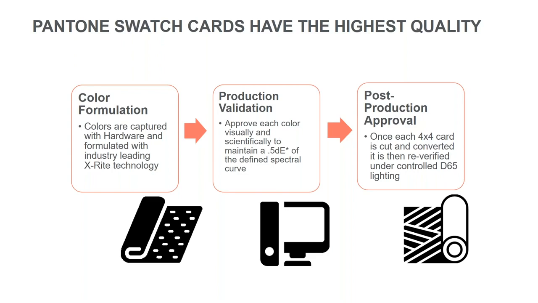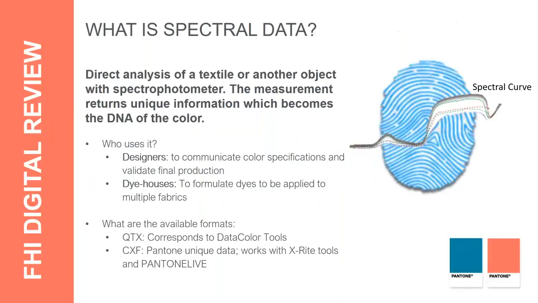We're going to approve each one of the dye lots to maintain this 0.5 delta E star of the defined spectral information. And for post-production, each one of these 4x4 cards is cut and converted, and it is then re-verified under controlled D65 lighting. So everything is a tight match beginning to end.